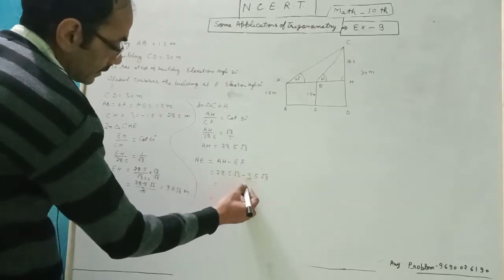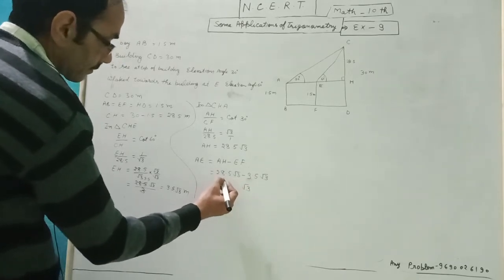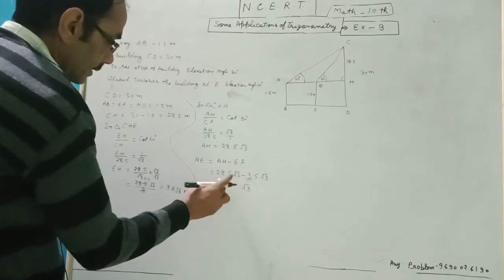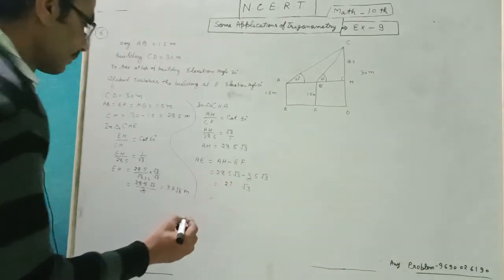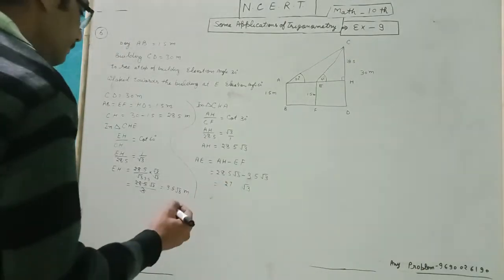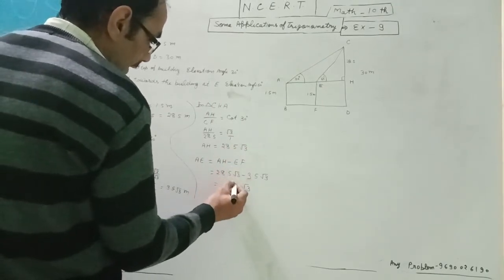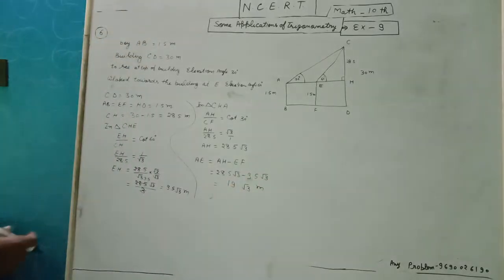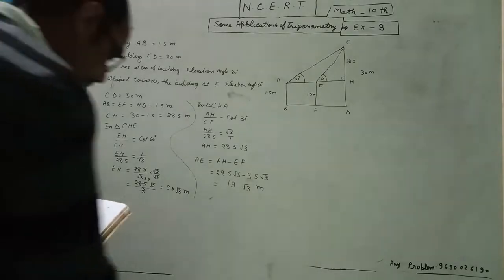After subtracting, 19 under root 3 meter is the distance walked toward the building. Question number 6 is complete.